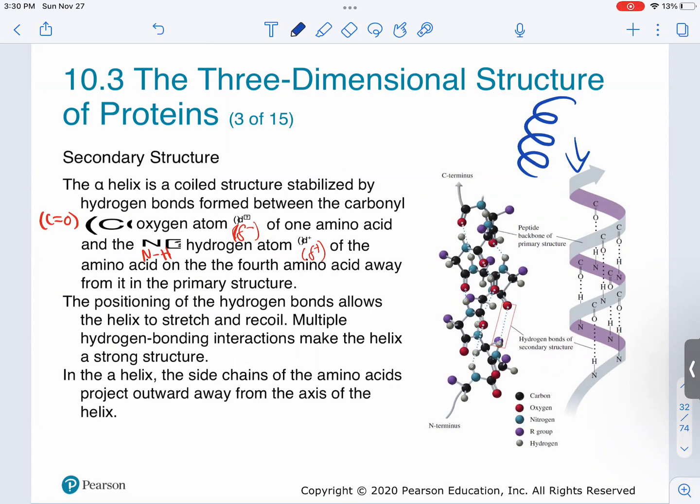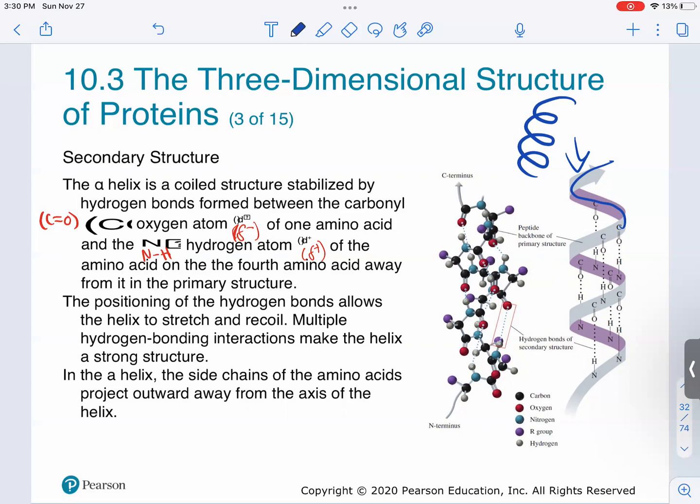So it's going to be the carbonyl of one amino acid and the hydrogen atom of an amino acid on the fourth amino acid away from it, because that's whenever they're going to come close to each other in this coiled structure, if you think about it. So that's where the attractions lie, and that's how this coil is formed.